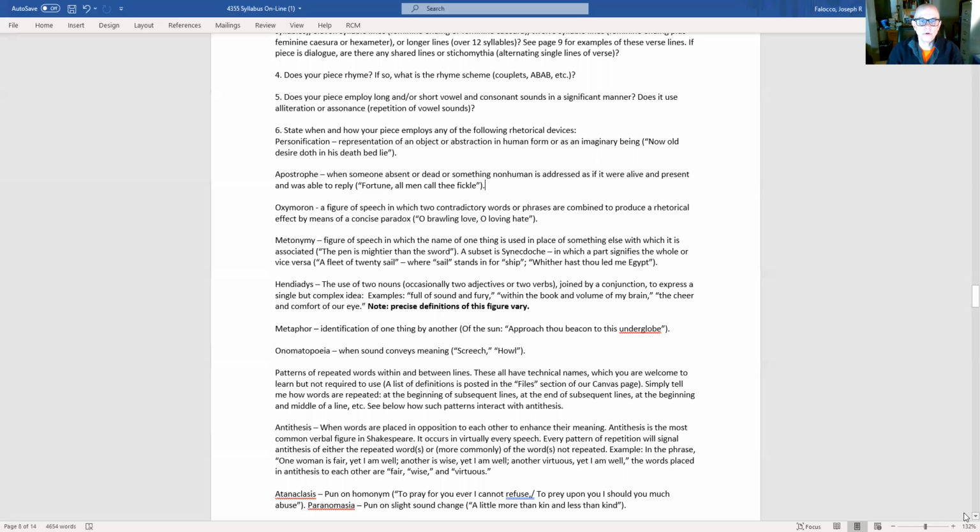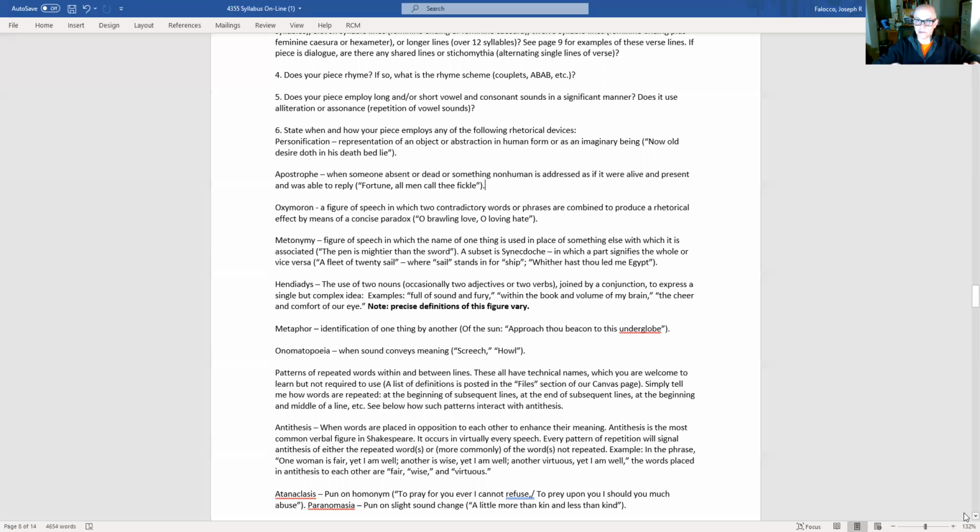So, for example, in the phrase, "One woman is fair, yet I am well. Another is wise, yet I am well. Another virtuous, yet I am well." The words placed in antithesis to each other are fair, wise, and virtuous. And that quotation, which you may have recognized, is a speech of Benedick's from Much Ado About Nothing, a play that's written almost entirely in prose.